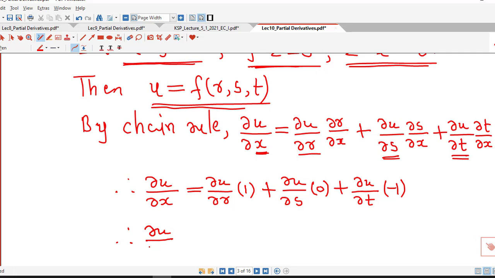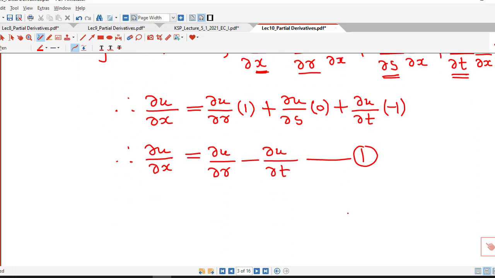So therefore del u by del x is del u by del r minus del u by del t. We give this number 1. Similarly we find the remaining two partial derivatives again by chain rule.